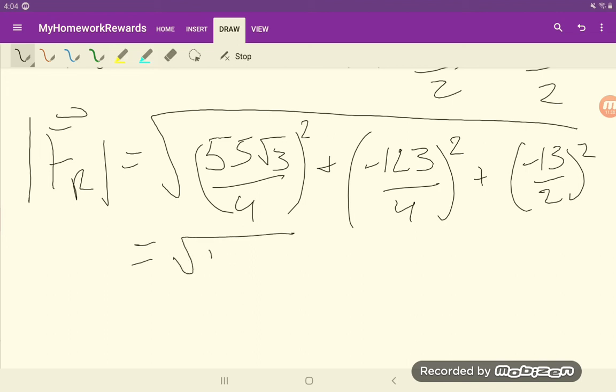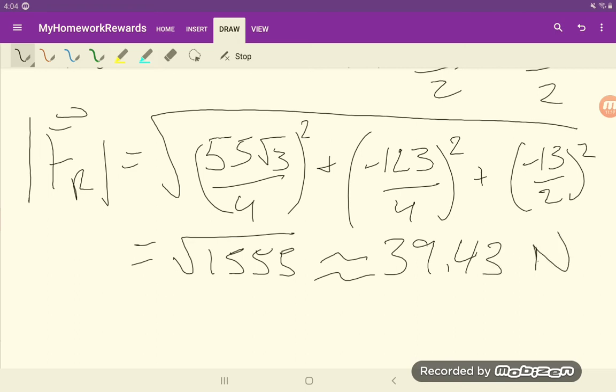This will give you the square root of 1555, which is approximately 39.43 newtons. So what this represents is the overall force that is felt by a point at that object.